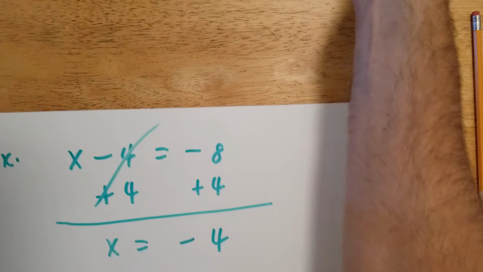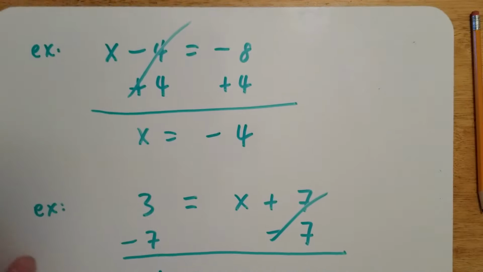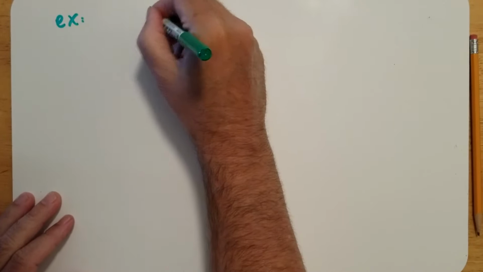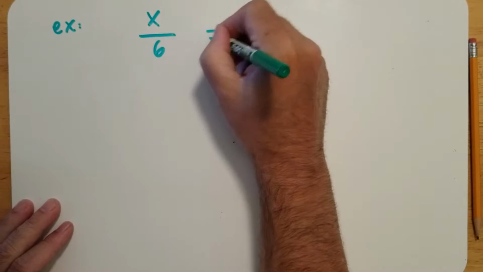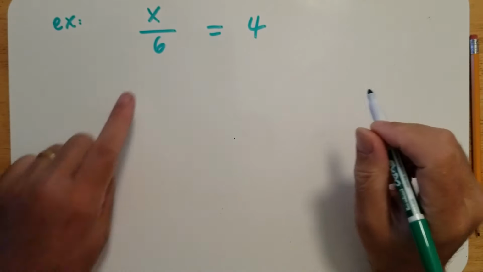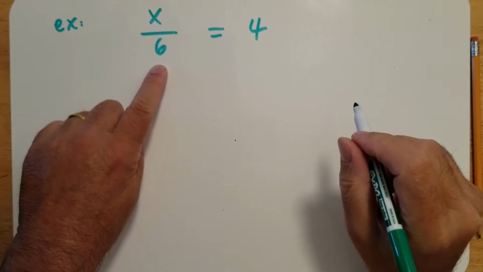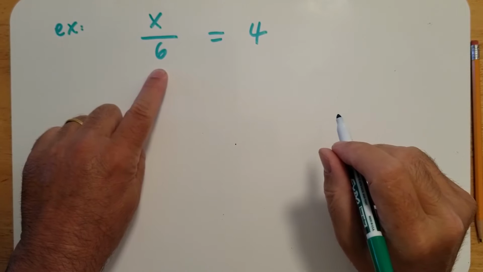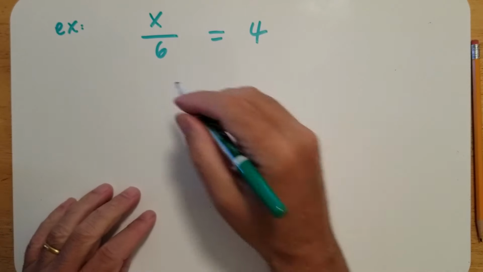Sometimes they'll have x being divided by something. Here's another example. Suppose I had something like this. X divided by 6 equals 4. So this time that 6 is dividing x, and to cancel it out, what I want to do is multiply by 6, which I'm going to do on both sides.